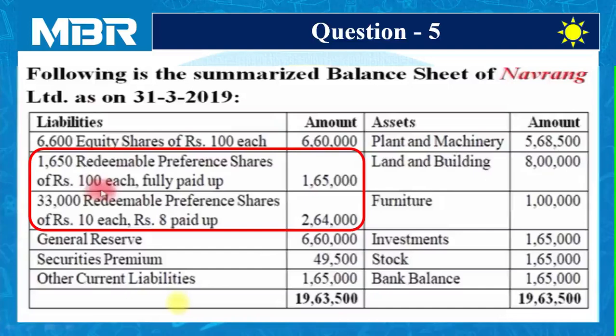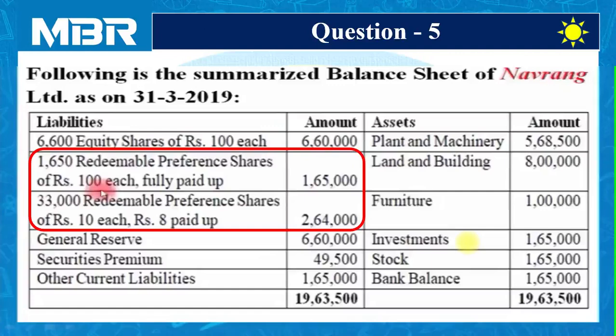Plant and machinery 5,68,500, land and building rupees 8 lakhs, furniture rupees 1 lakh, investments 1,65,000, stock 1,65,000, and bank balance as given in the balance sheet is rupees 1,65,000.